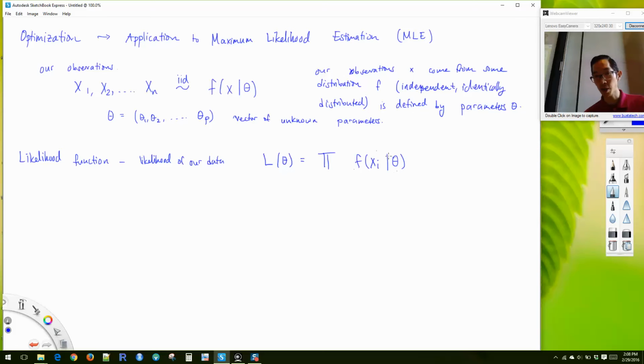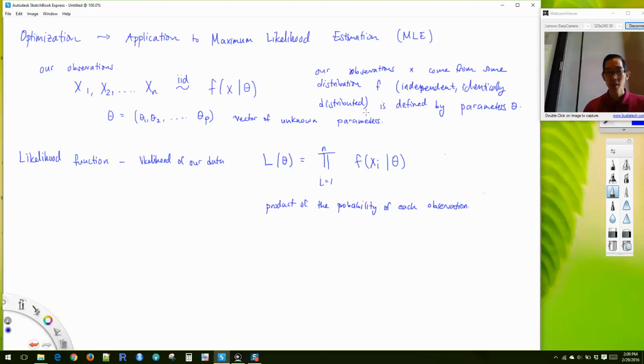So this is just the probability of each observation, and we're going to multiply them for all of them. It's no different than saying, what's the probability of observing 10 heads in a row? It'd be 0.5 to the 10th power. That's the likelihood of your data.